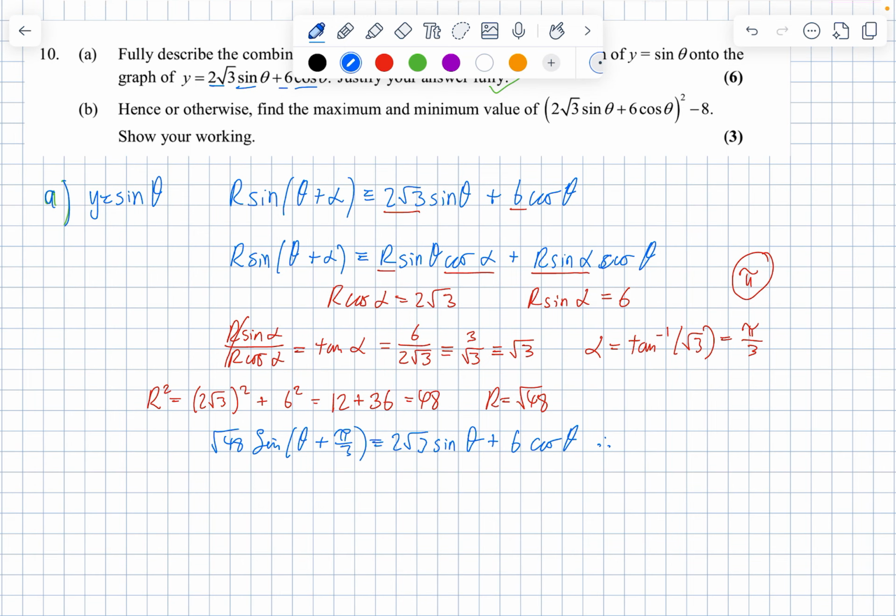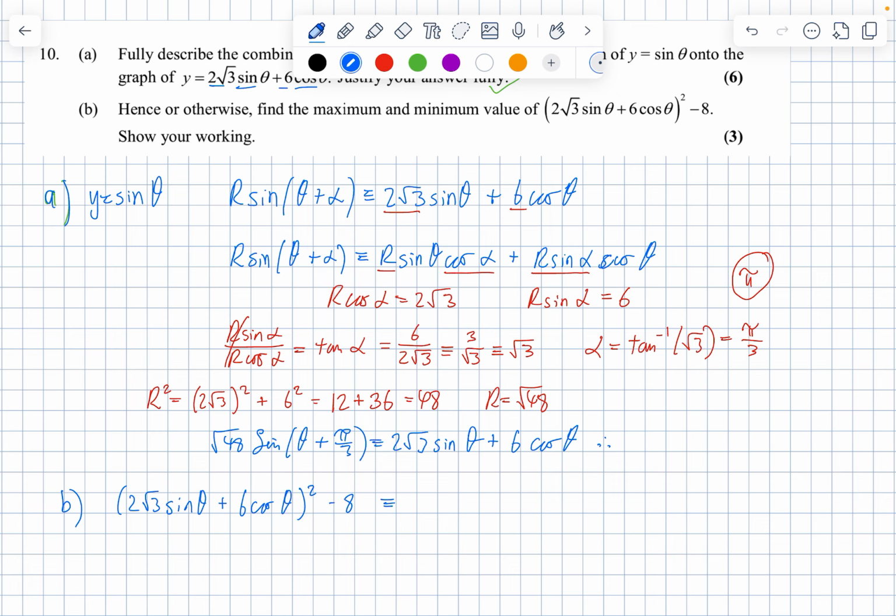We've got to work out the maximum and the minimum of 2√3 sine theta plus 6 cos theta squared minus 8.